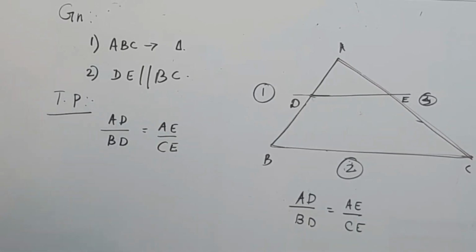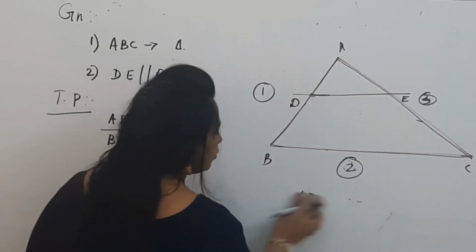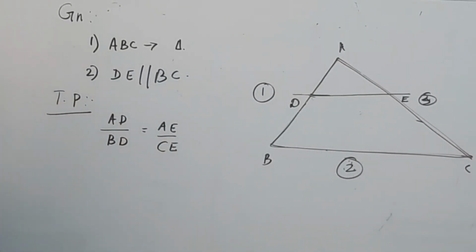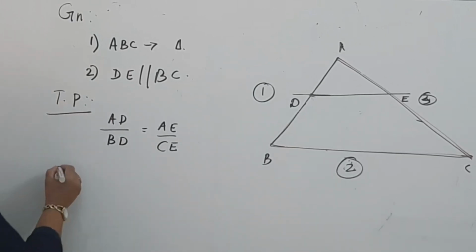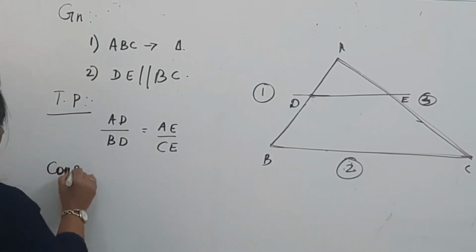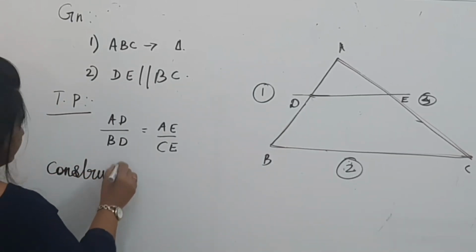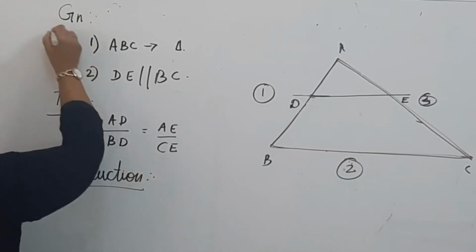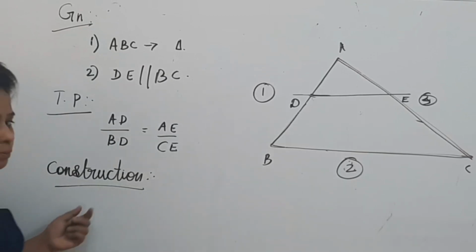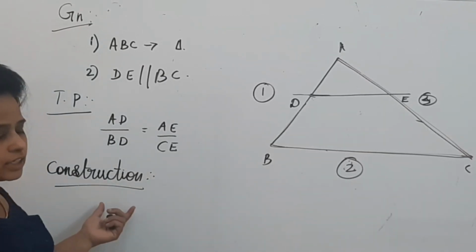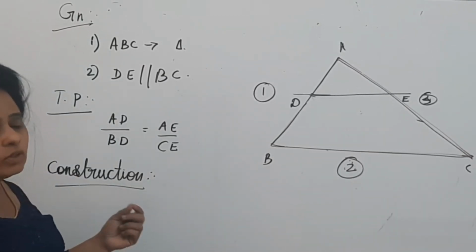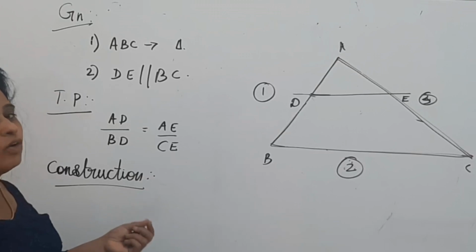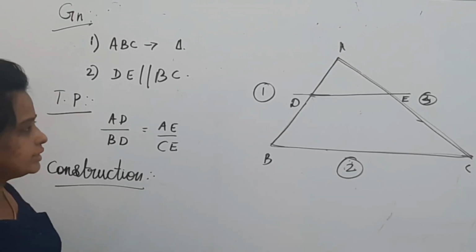Okay, so how am I going to prove this theorem? I'm going to have the construction. I told you after the proof I'm going to have the construction. Mostly in the geometry chapter this point is important. Without this construction, some theorems or few questions you cannot prove. So you have to construct.